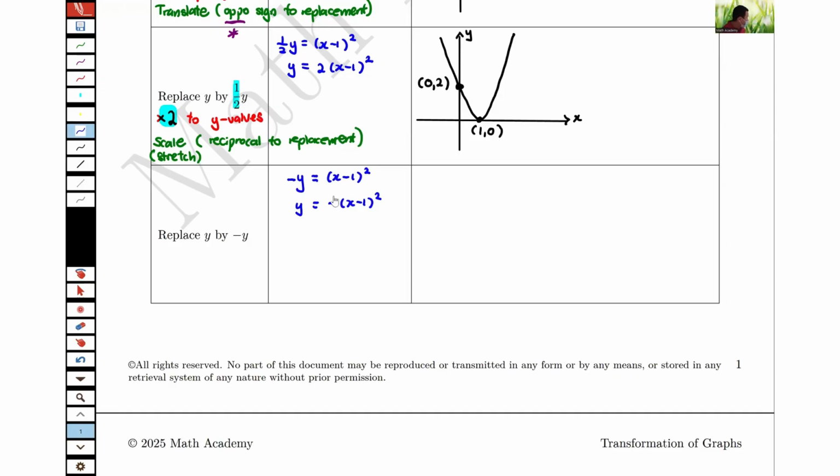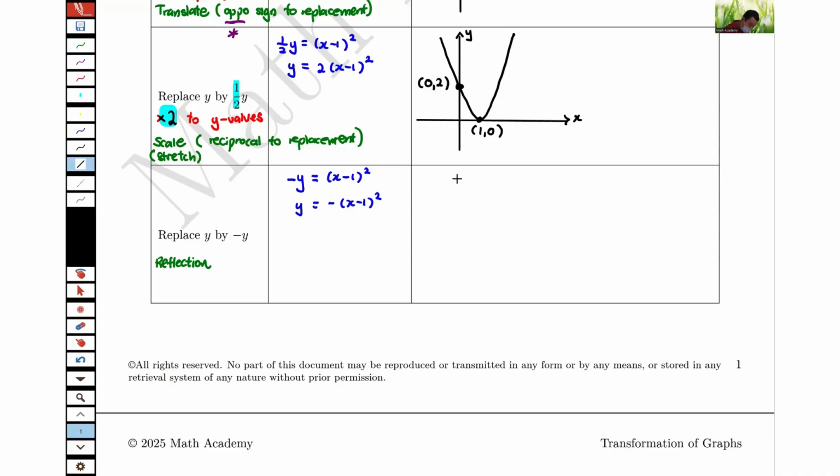It will mean that whatever you have that is positive y value will now become negative y value and vice versa. So this is now a reflection. Those on top will go down, those below will go up. It is a reflection.